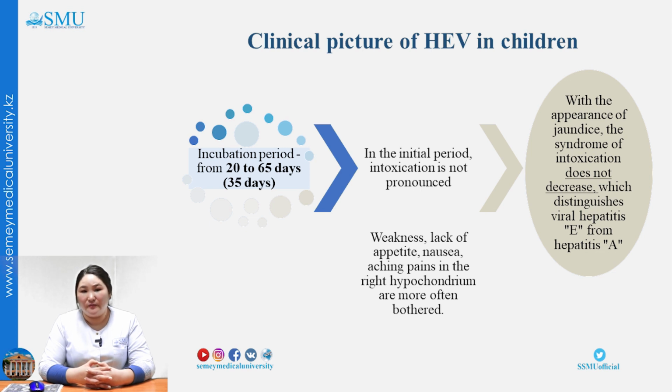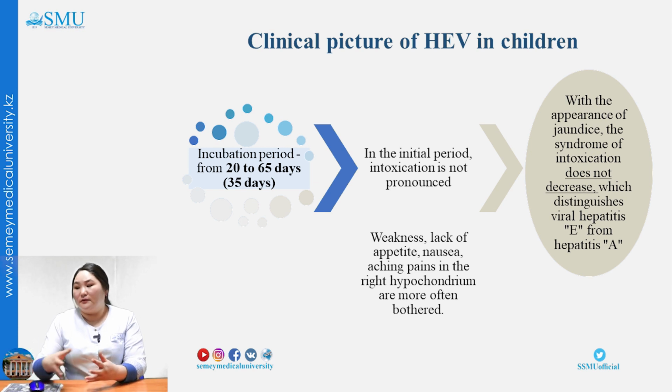The condition will be worsened. This is a differential sign between HAV and HEV infection too. The symptoms are weakness, lack of appetite, nausea, abdominal pain, painful mostly on the right hypochondrium.